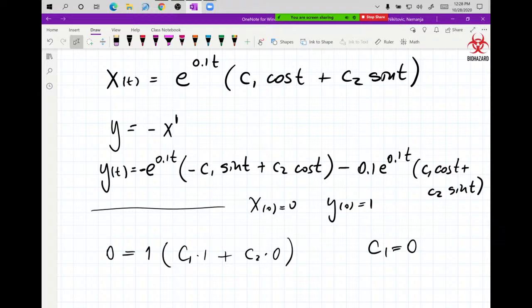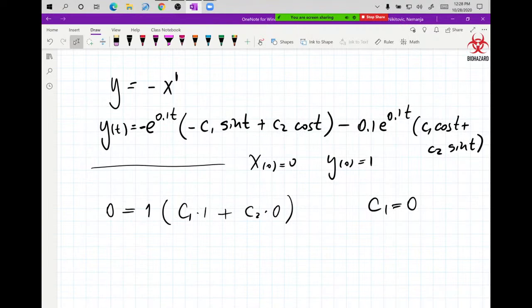All we need to do now is to solve the second part. We got C1 is 0. So for our second calculation, C1 being 0 kills the C1 terms. When I plug in 0, the sine terms will die as well. So all I need to worry about is that 1 is equal to -1 times C2 times 1.